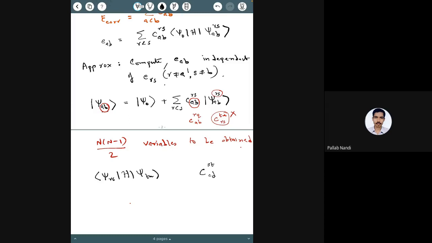Every occupied pair is one unit, and every virtual pair is also another unit, and you can take one occupied pair to another virtual pair. Yes, this is possible.